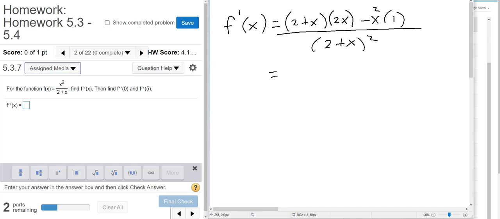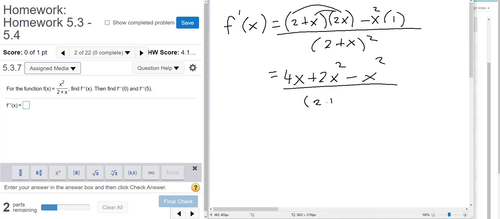Going to clean this up a little bit, simply because it'll make the second derivative easier to take. So I'm going to distribute this 2x and get 4x plus 2x squared minus x squared over 2 plus x quantity squared.